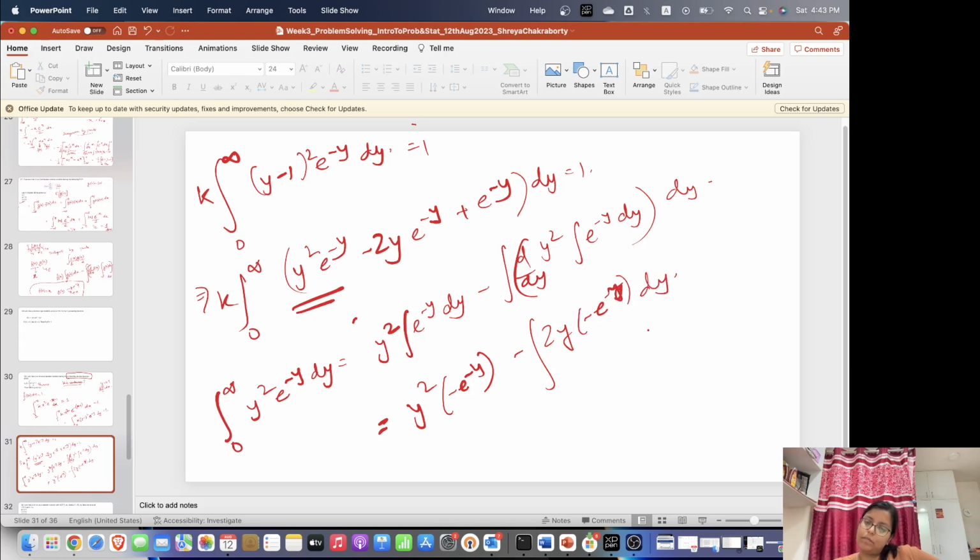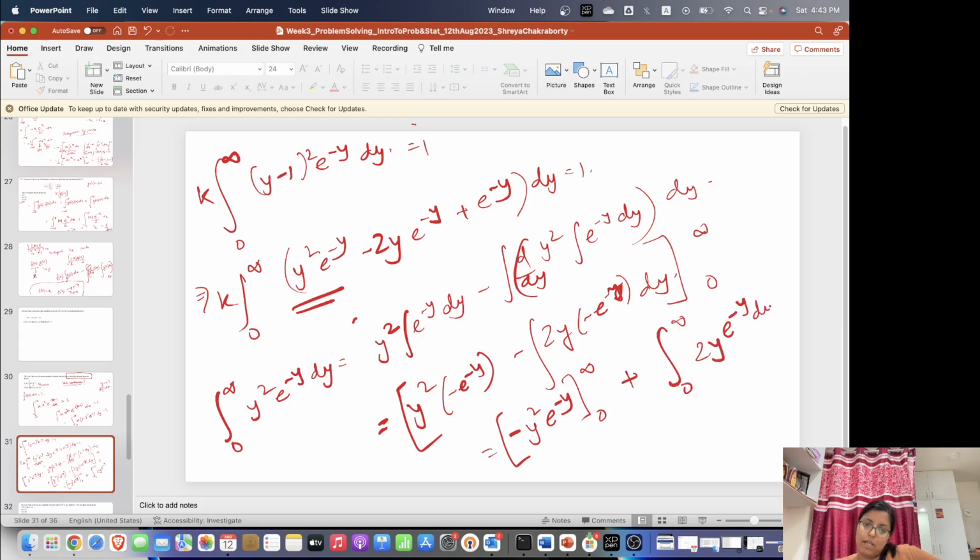So this becomes minus y square e to the power minus y from 0 to infinity, plus the integration from 0 to infinity of 2y e to the power minus y dy.